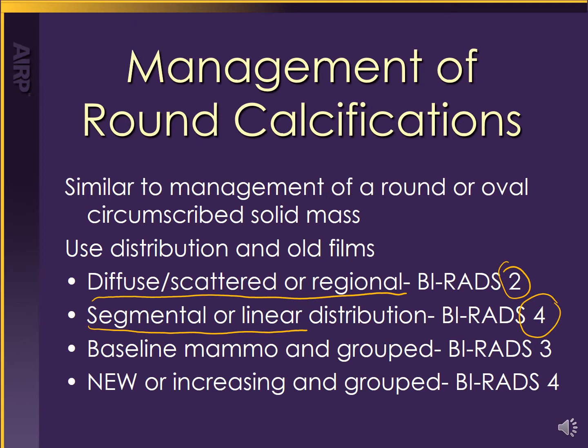If they are grouped and it's the first mammogram, remember almost all these are going to be benign. Just like a probable fibroadenoma on a first mammogram, BI-RADS 3 those. If they are new or increasing in number, that's going to get you a 4. So when you have round calcifications, you're going to biopsy them if they have a scary distribution or are new or increasing.